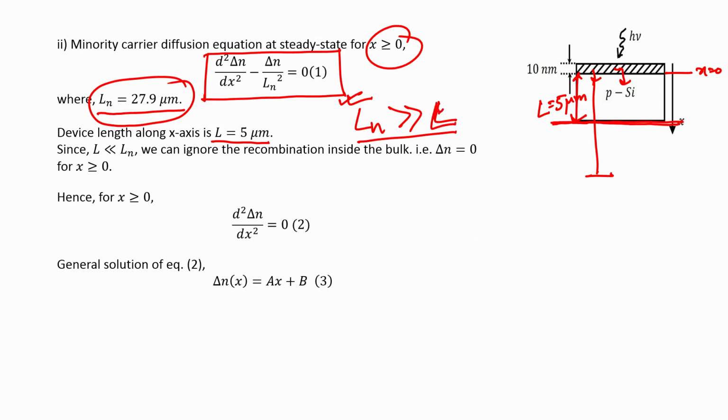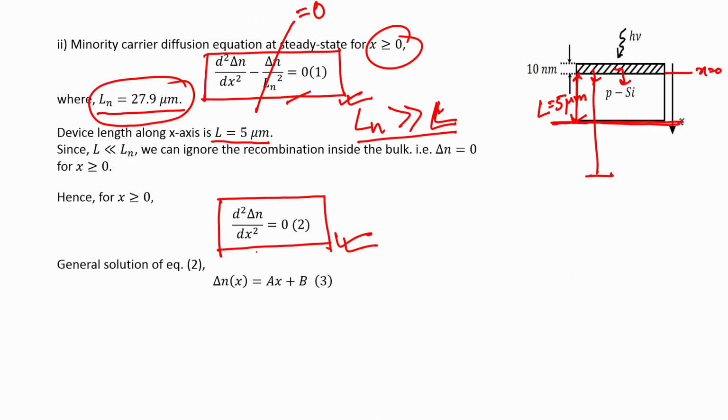So, we can reduce this minority carrier diffusion equation further by considering del n is equal to 0. That means the recombination term, there is no recombination, so this recombination term will go down to 0. So, the minority carrier diffusion equation gets reduced to d2 del n dx square is equal to 0.